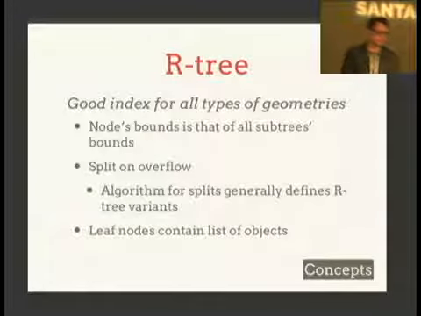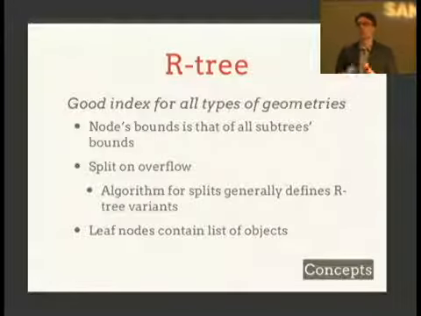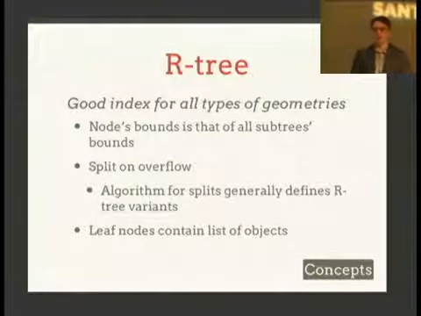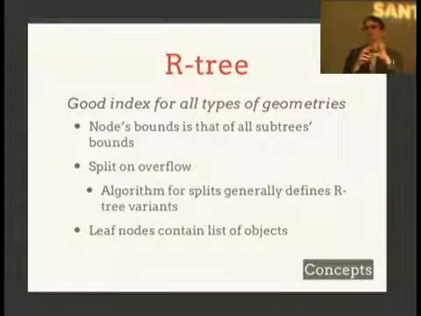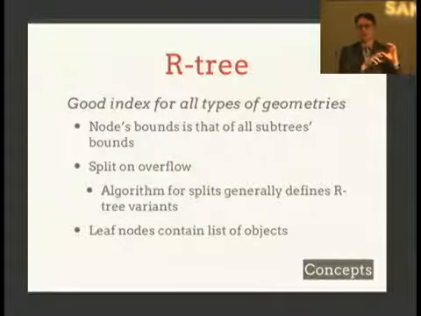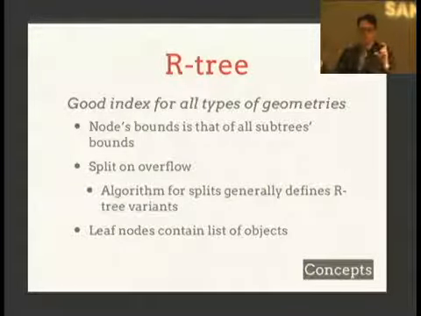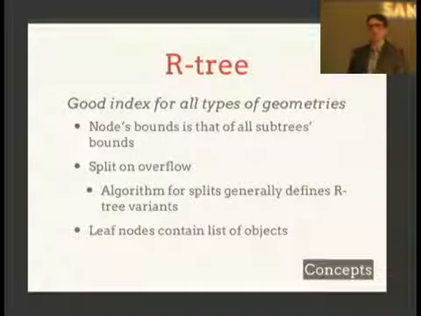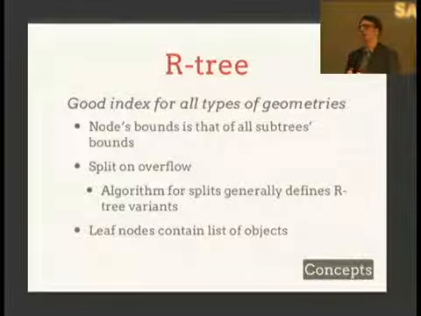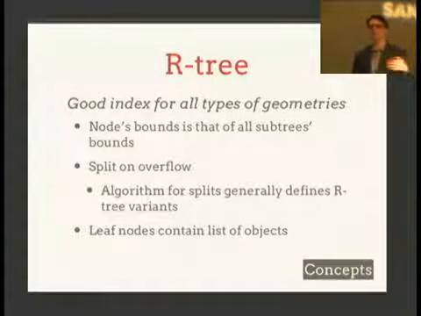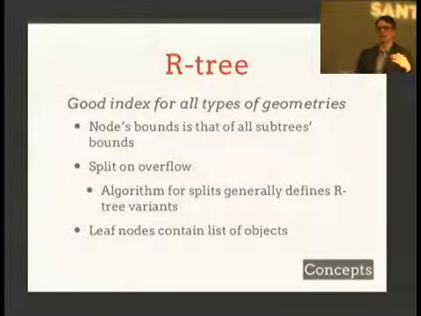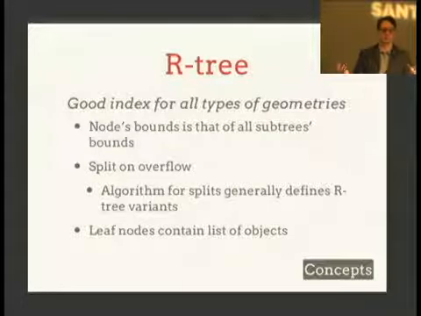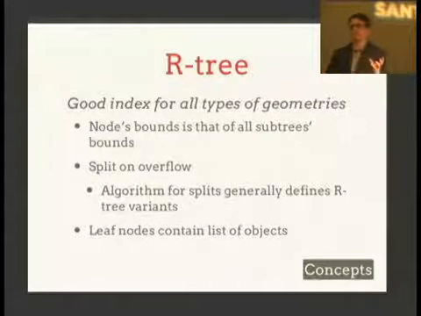And an R-tree, the core concept is it's a tree like a B-tree, except that each node has a bounding box, and that bounding box is the union of all of its subtrees' bounding boxes. And the way that it works is that you update that tree, and each node is defined with a maximum capacity, and when that capacity is reached, it splits.